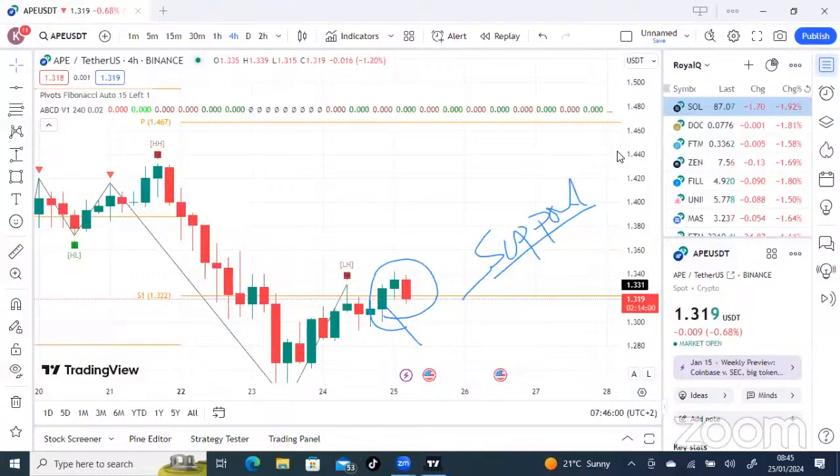Then a green candle forms above it. So maybe, like any other trader, you would confirm that this is a breakout. And if you remember, our signal was around here.